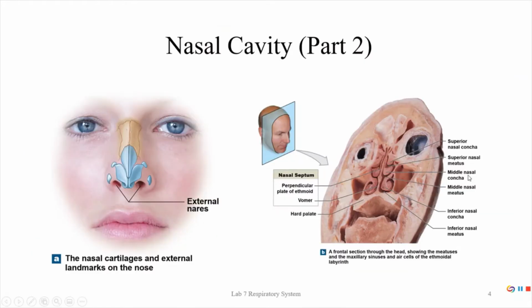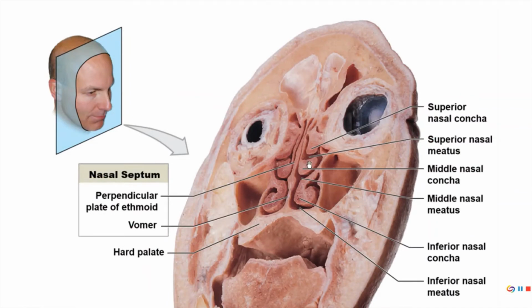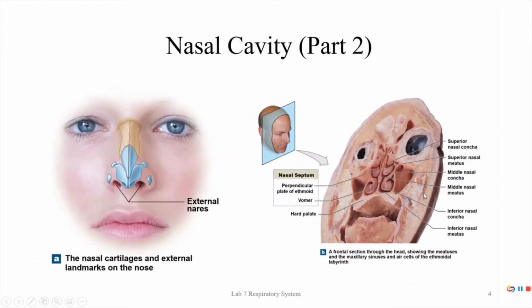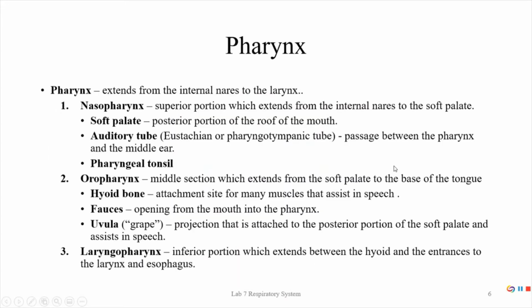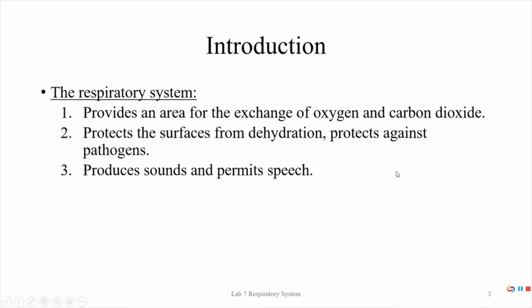The meatuses are found between here. Here we have a superior, middle, and inferior nasal meatus actually labeled here. And so if you're looking to find that, you'll find it there.